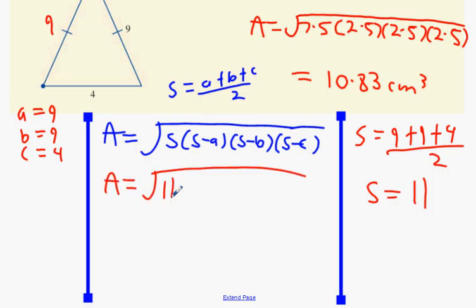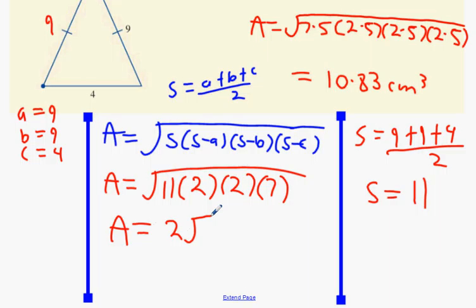Now, what are we going to do here? 11 minus 9 would be 2. 11 minus 9 again. And then 11 minus 4, 7. Now what do you think A could be then? Yeah. 2 root 77. 17.5. Yeah.